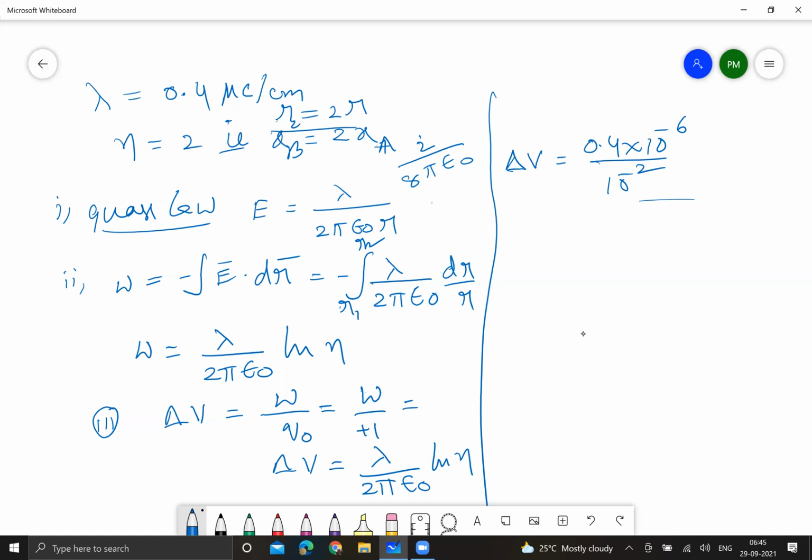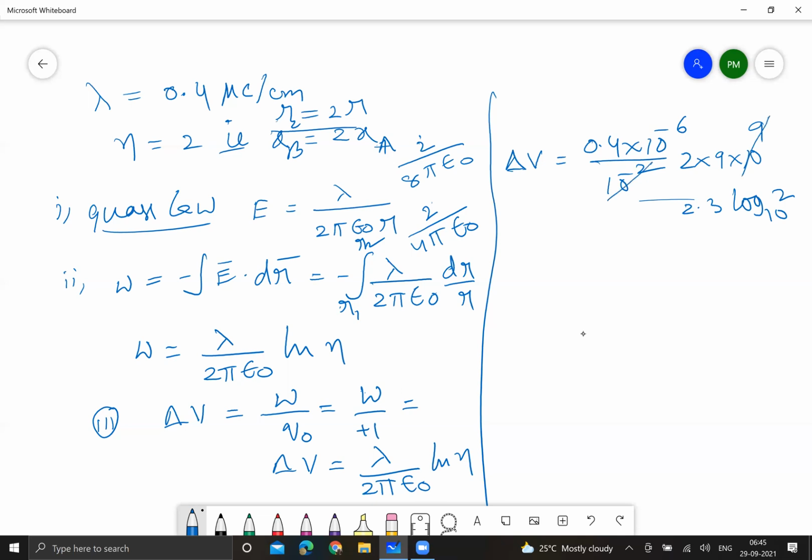You want 2 pi epsilon 0, so 2 by 4 pi epsilon 0, means 2 into 9 into 10 to the power of 9, into 2.3 log 2 to the base 10. Am I right? Please check. Correct? Yes, sir.